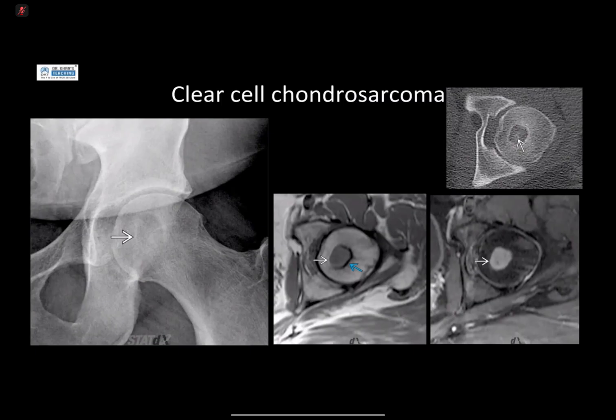The non-contrast CT in the top corner has an arrow pointing to the punctate calcification, which is the internal matrix of the lesion. It's really well-defined. You can see that surrounding sclerosis. And then the MRI images at the bottom, once again showing that this is a really well-defined lesion with a thin sclerotic rim. And this was proven to be a clear cell chondrosarcoma.